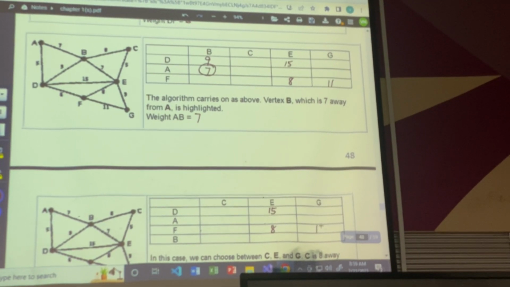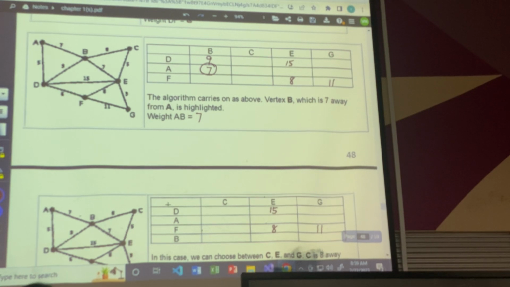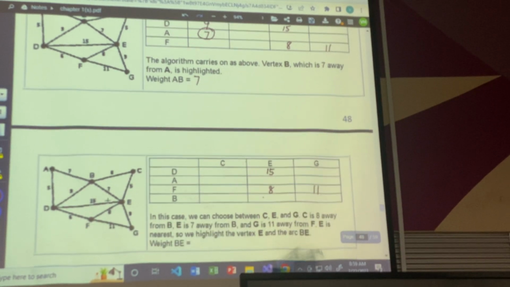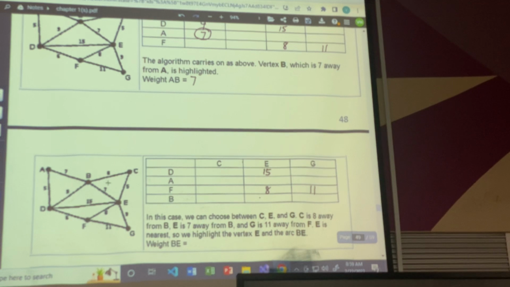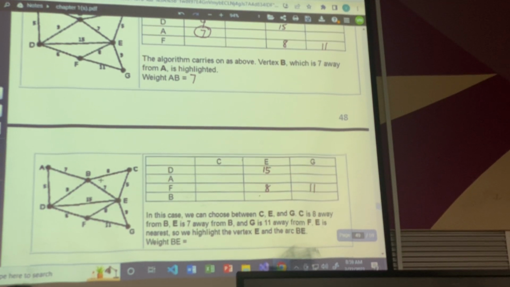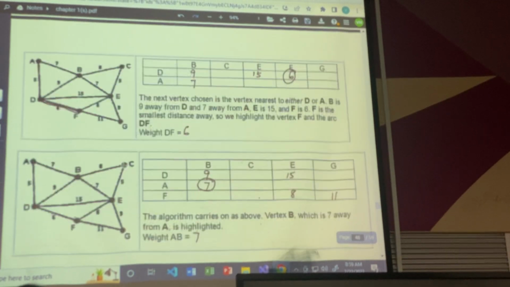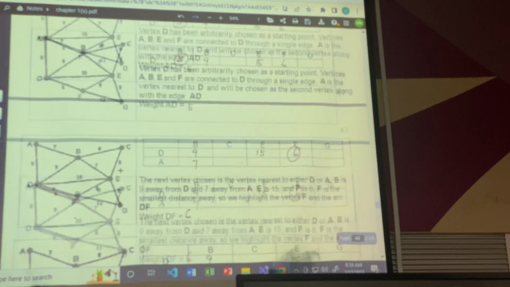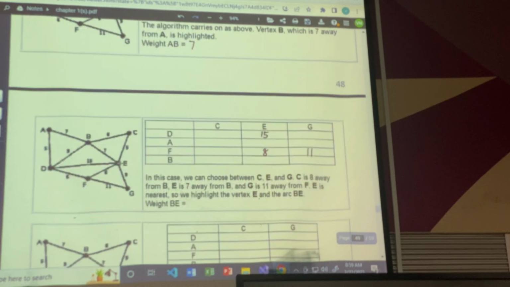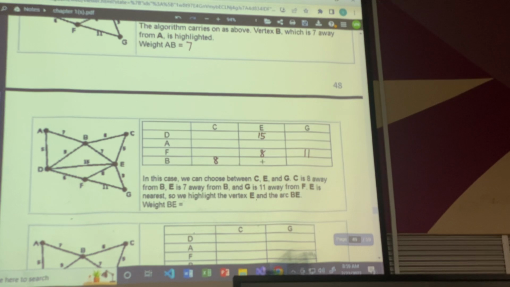G you have 11. And now you need to check B. B is connected to C and E, right? B to C is 8, so you have B to C here, which is 8. B to E is 7.